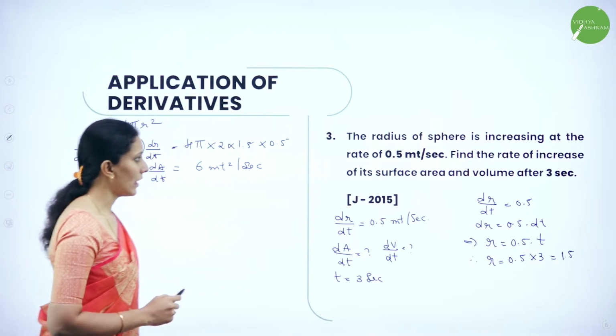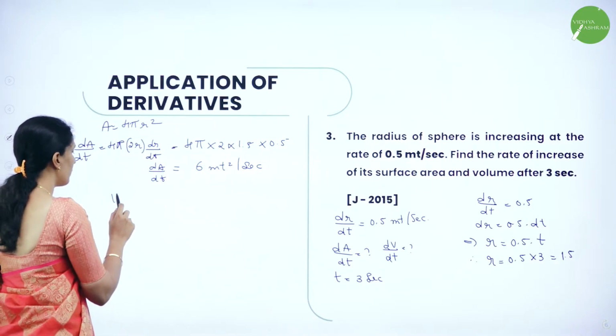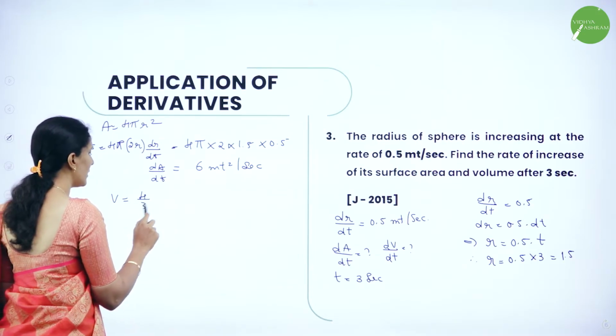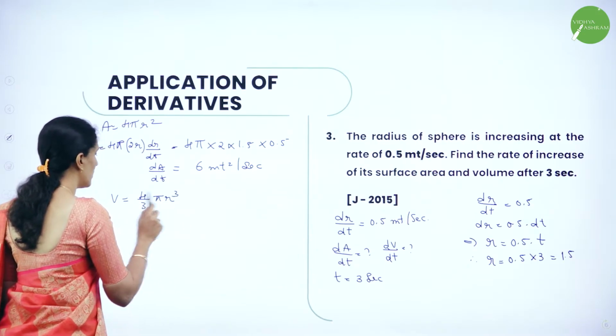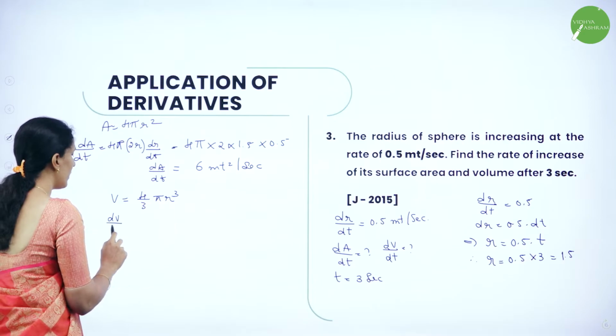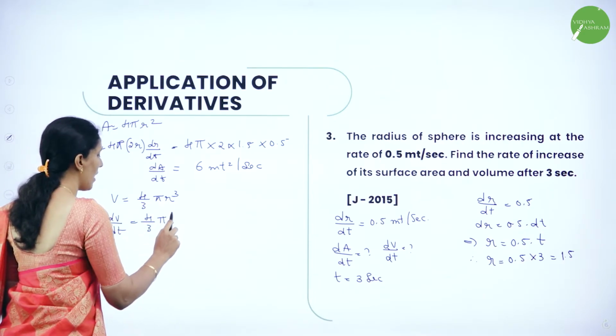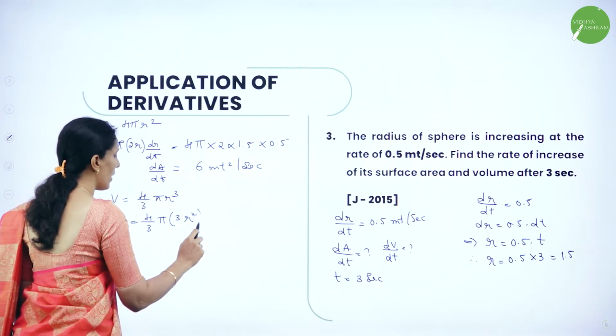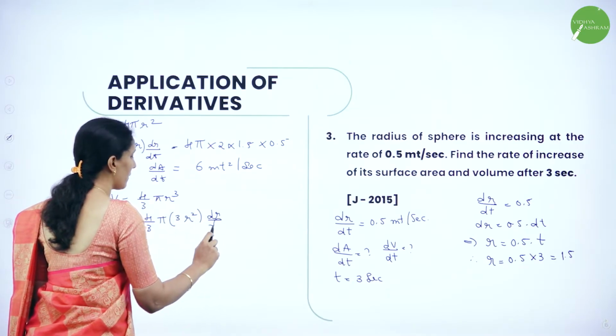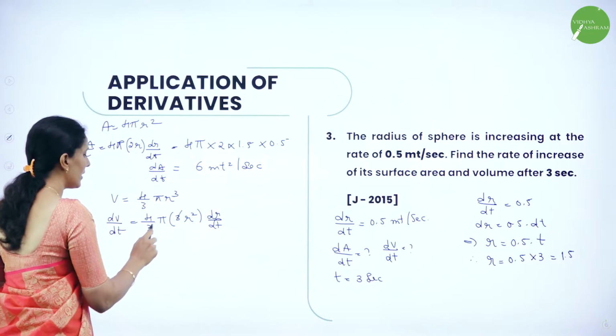Next, we need to calculate the volume. So volume V is equal to 4 by 3 pi r cube. So dV by dt is equal to 4 by 3 pi, derivative of r cube is 3r square into dr by dt. So we can cancel 3 here.